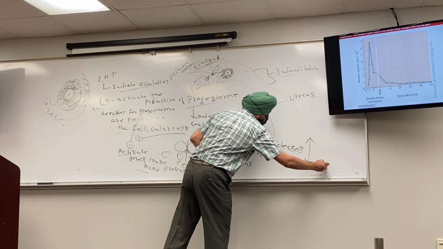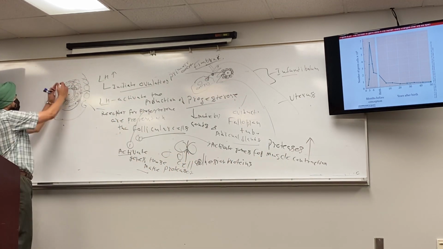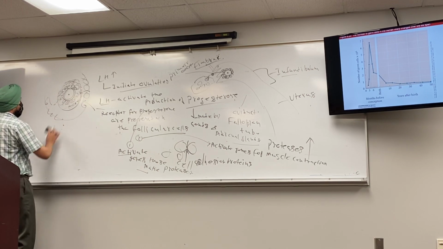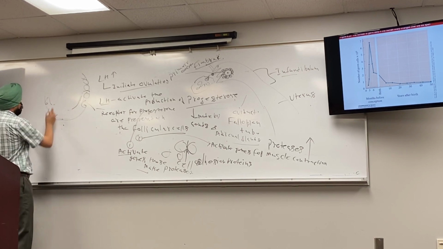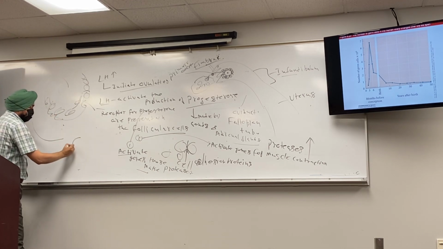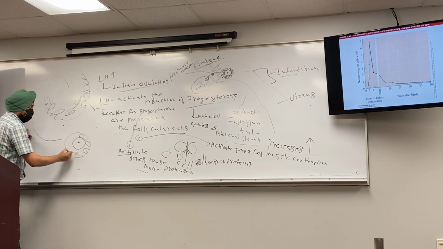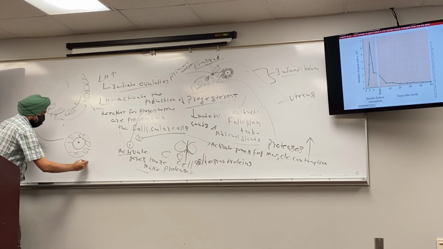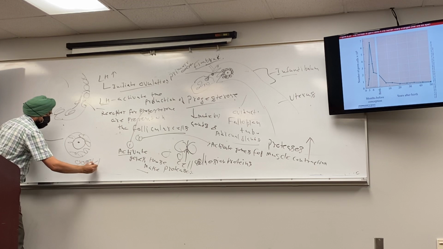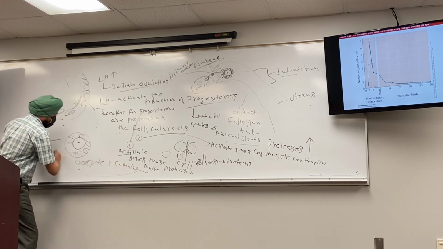So genes for muscle contraction are activated. And when that happens, these cells are left there, but out of this you have this oocyte plus cumulus, which is out.